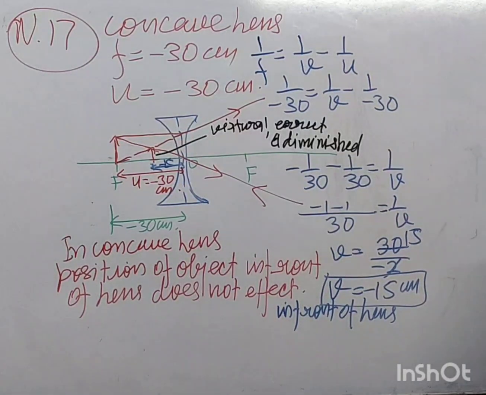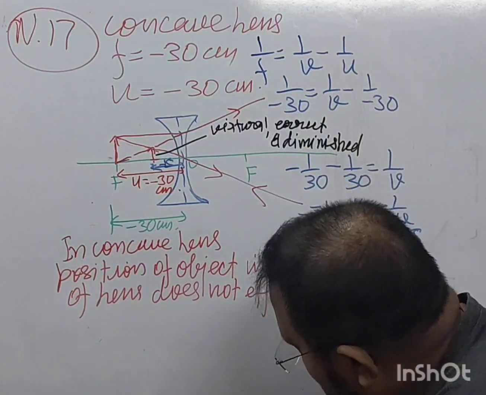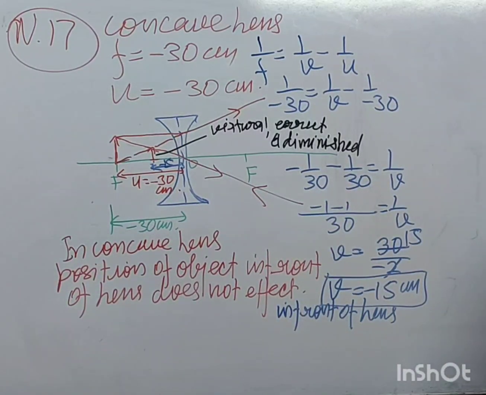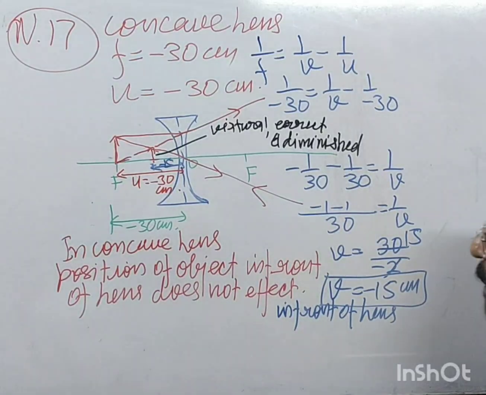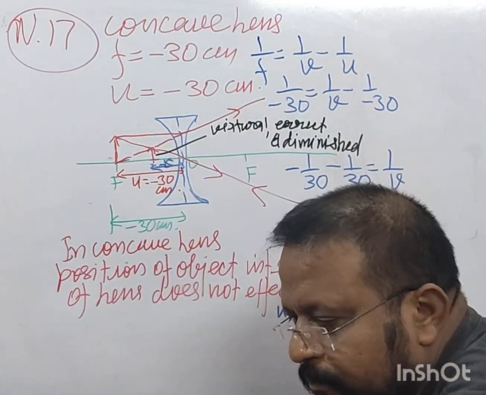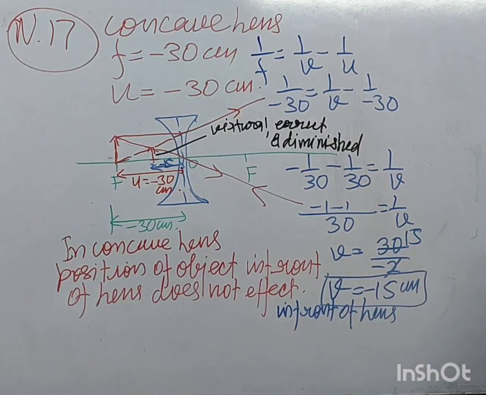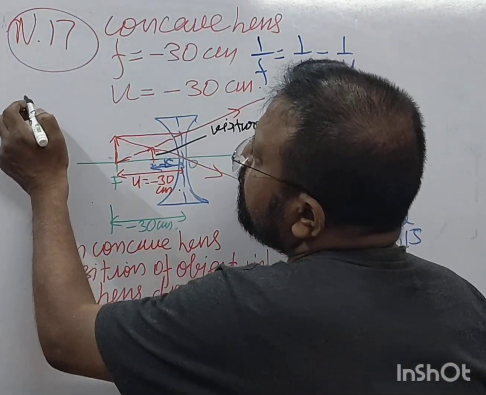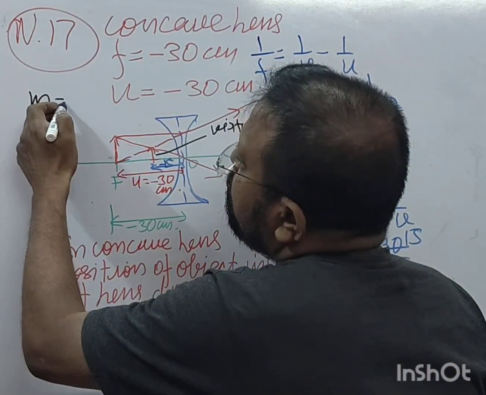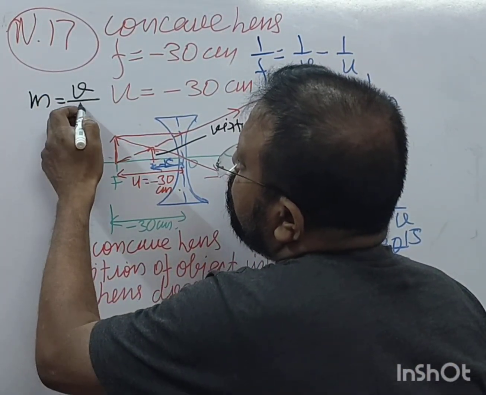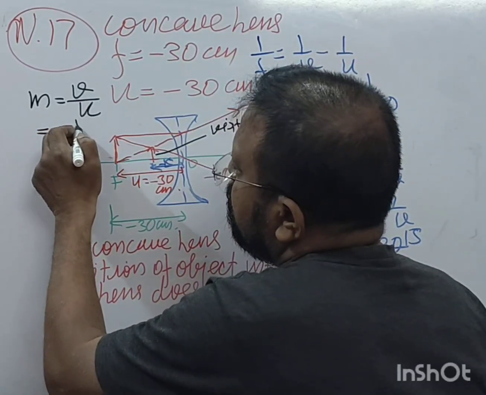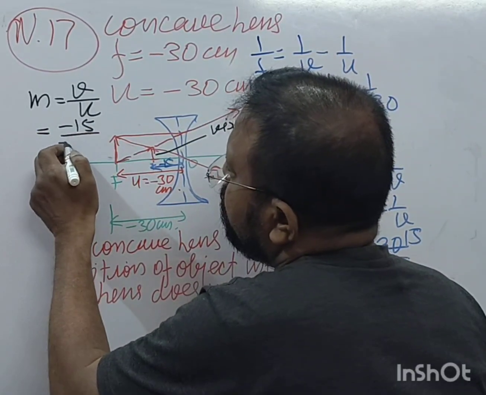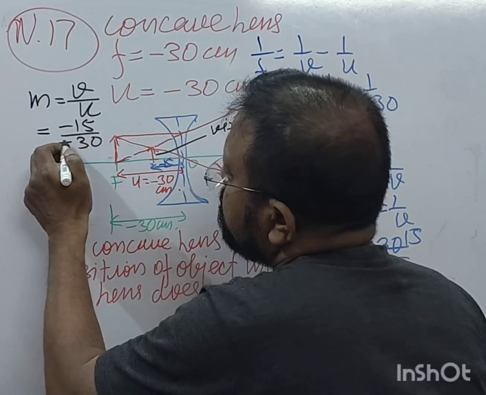Magnification. I told v first, then I told erect, now what is the magnification? Magnification m is equal to v upon u. So v is minus 15, u is minus 30.